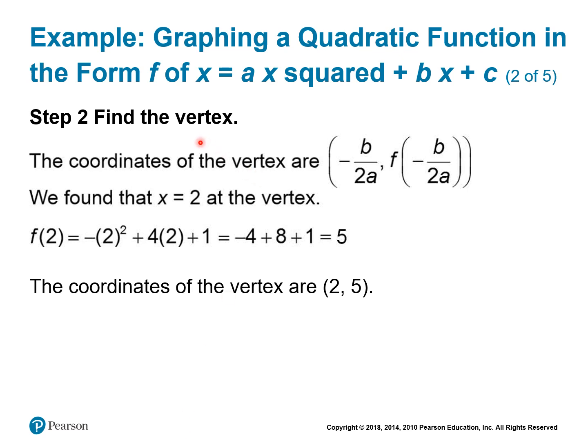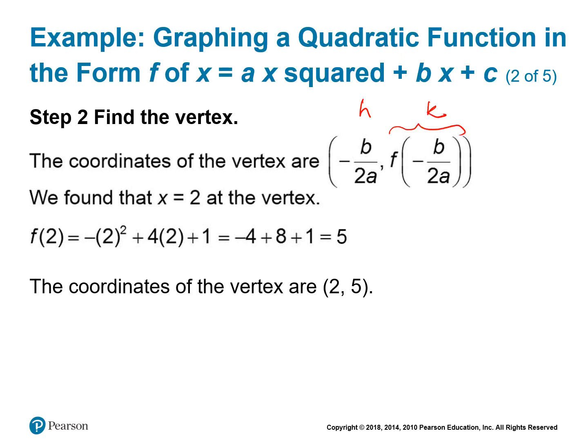We found up to the value of h, the h coordinate, which corresponds to the x coordinate of the vertex, and I did work through the steps to find the k, but Pearson continues step 2 in this slide. So the coordinates of the vertex are again minus b over 2a comma f of minus b over 2a. We did the calculation of minus b over 2a, which represents our h. And this would represent k, correct?